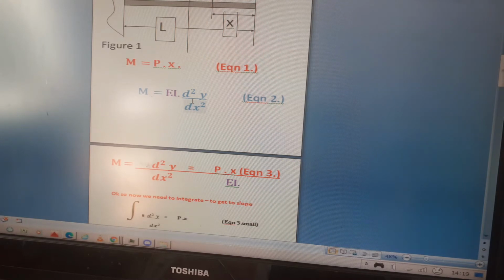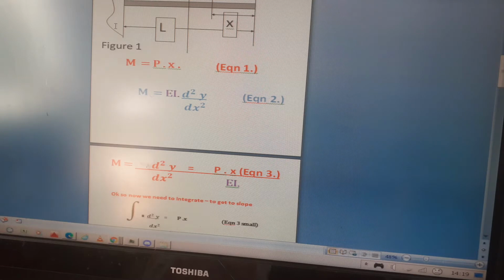I'll just say it one more time so it goes in. Where you've got a beam with length x on the horizontal axis, y on the vertical axis is deflection, dy over dx is the slope of the deflection, and d2y over dx2 with the EI is the moment.